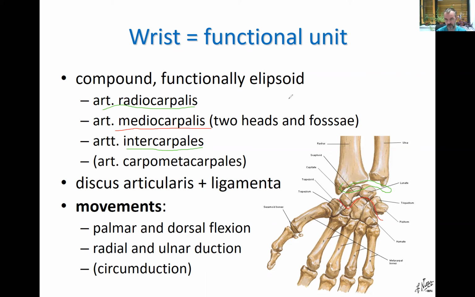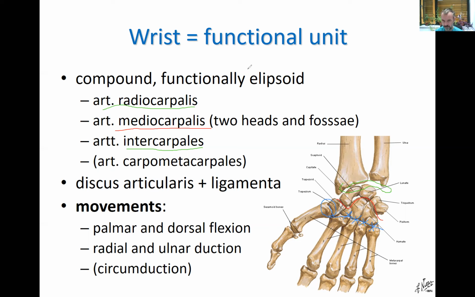And then of course we have the continuation here, which is the carpo-metacarpal joints. These carpo-metacarpal joints are like arthrosis. They move only slightly, like this, which is the carpo-metacarpal joint of the thumb. There's the saddle joint, that's a very specific joint.